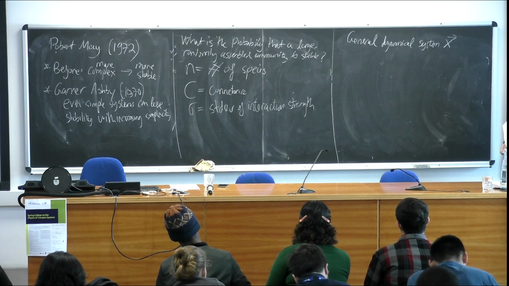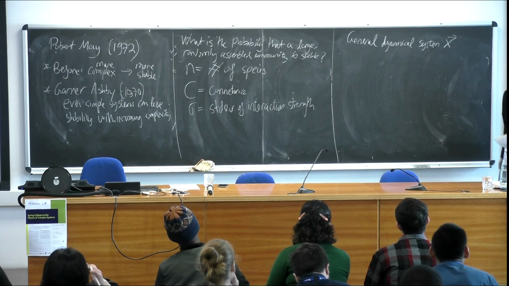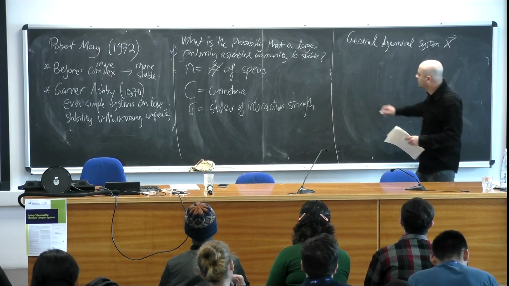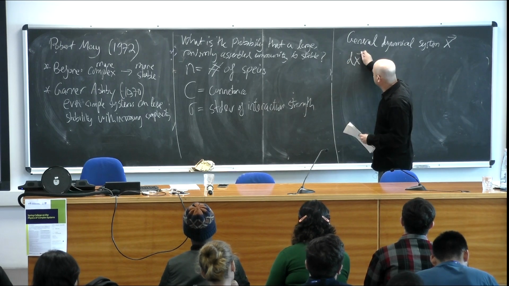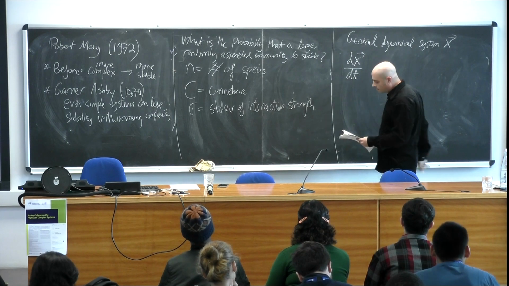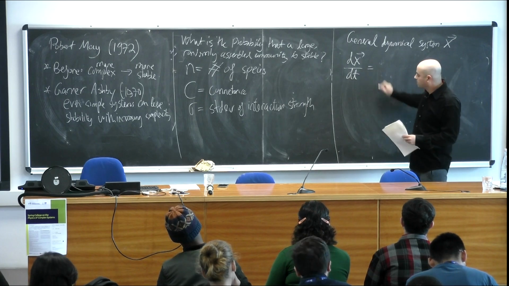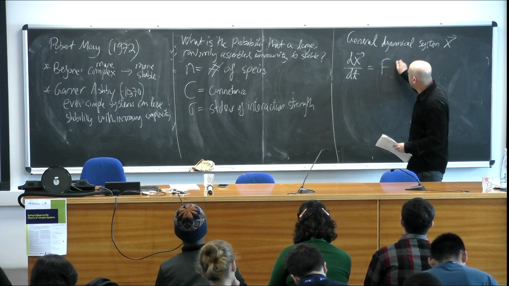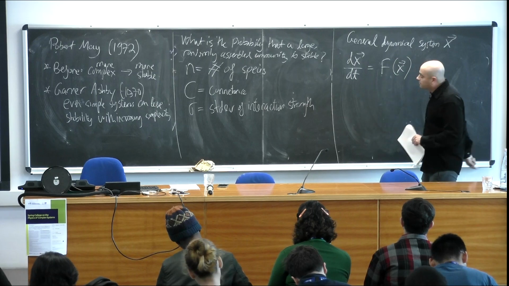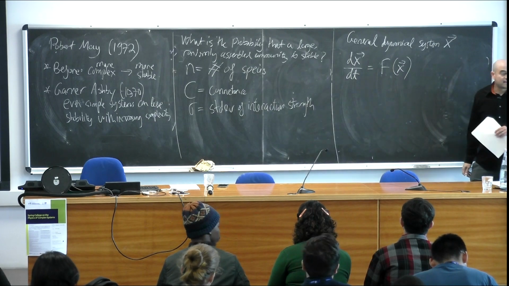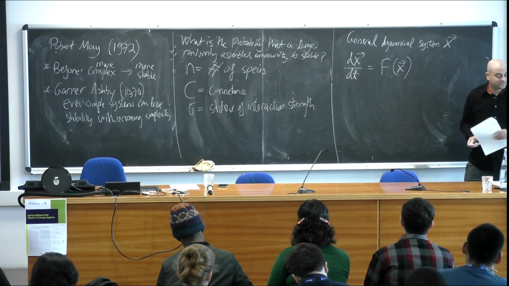So this is a vector of n species, or n elements, if you like. This doesn't have to be ecology, right? So a dynamical system means that we can write down the time derivative of this vector as some function of the species abundances here, right?